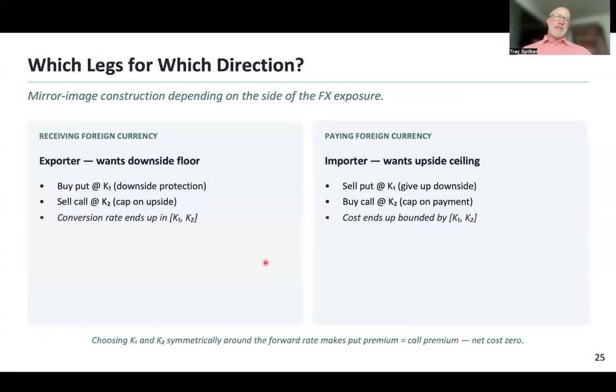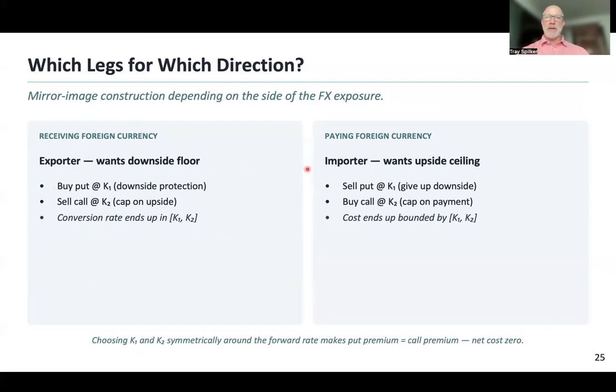Now, just to summarize what we just talked about here, if you're receiving a foreign currency in the future, say you're an exporter, you want to put a floor on the downside here. That's where you buy the put at the lower strike price. And this is the most common one, right? Exporters with some foreign currency receivable, they want a floor on that conversion rate.